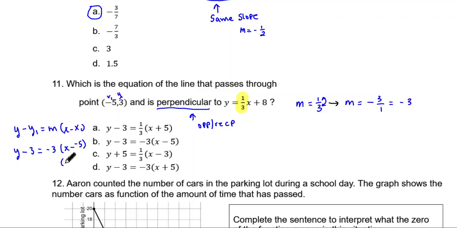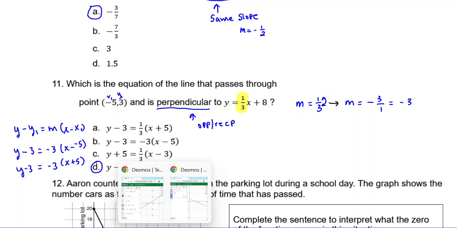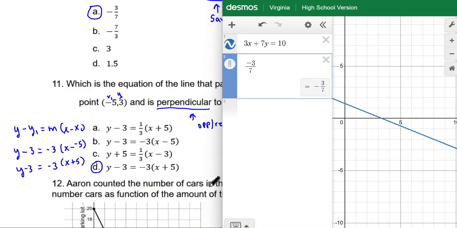So negative negative makes this a positive, and then you have y minus 3 equals negative 3 times x plus 5. Looks like it's D. As always, we will go ahead and confirm this in Desmos.